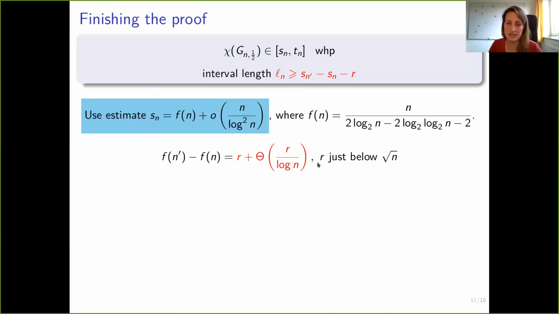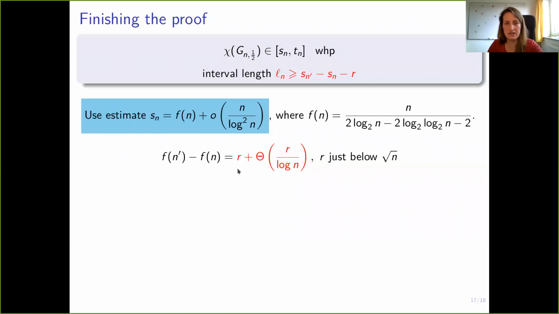And if we pick r so that it's just below root n, which is possible if we pick n so that the expected number of alpha sets is just below n, then this here is also just below root n. So at least n to the 1/2 minus epsilon, say, for some fixed epsilon.